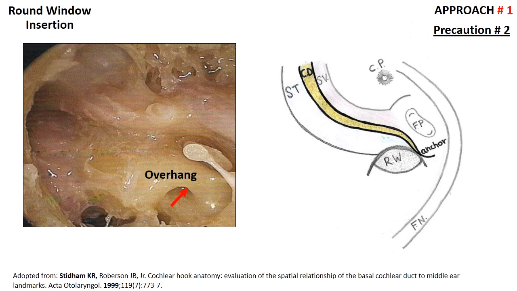You can drill it safely, anteriorly and superiorly, but if we go posteriorly, again, to the illustration of Stidham, if you drill superiorly, you can be very close to the cochlear duct. It's what we call the hook region in this area, and it can damage the residual hearing. So usually be very cautious in drilling the posterior part of the round window.